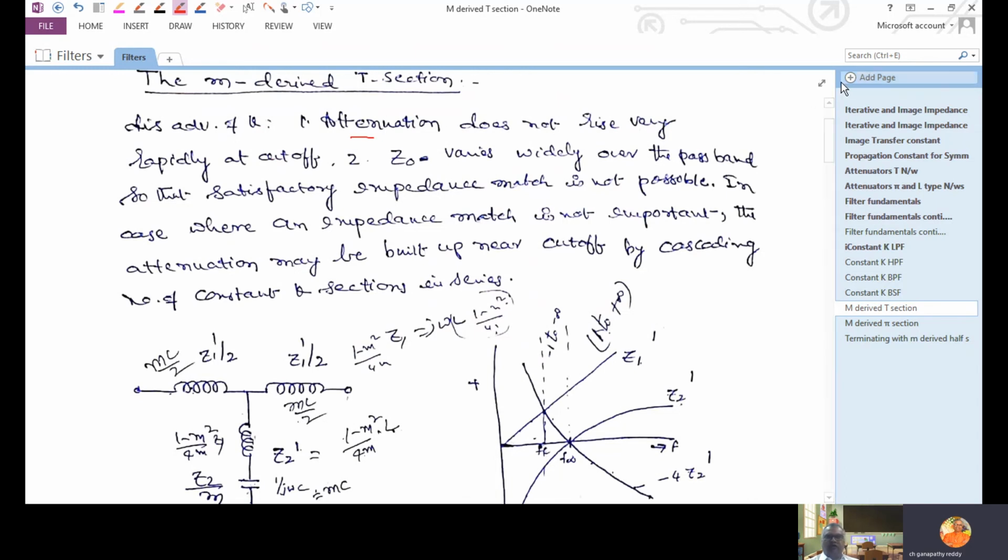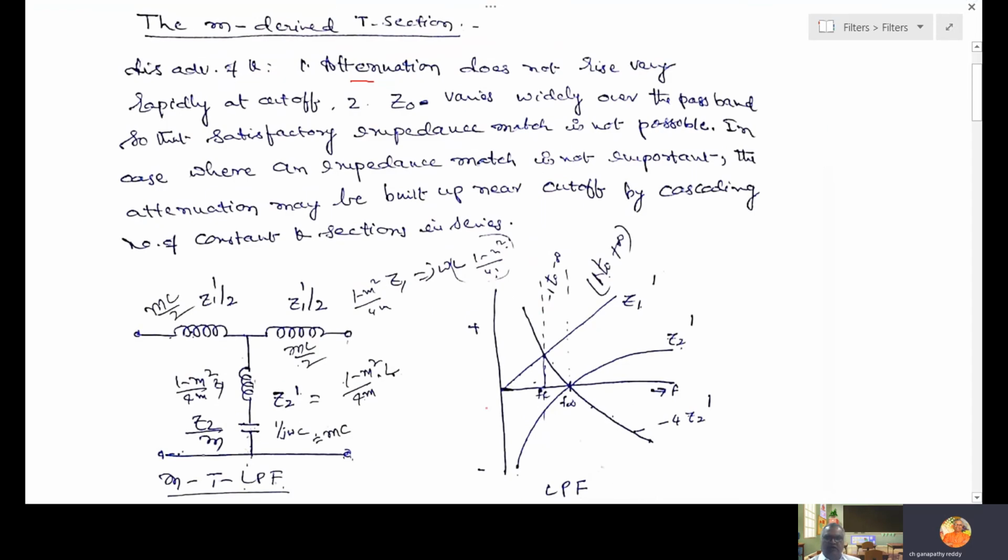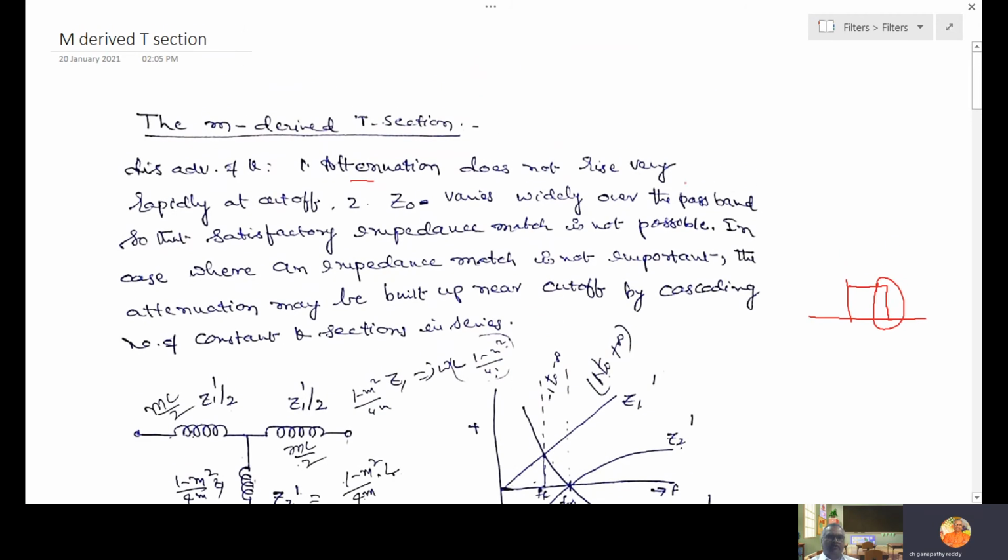For any ideal low pass filter, it passes, then attenuation suddenly comes. But the constant K filter will not be like this. It changes slowly. That is the alpha behavior. Attenuation doesn't rise very rapidly at the cutoff, but what we need is that it should change suddenly. But in constant K, what is observed? It varies slowly.